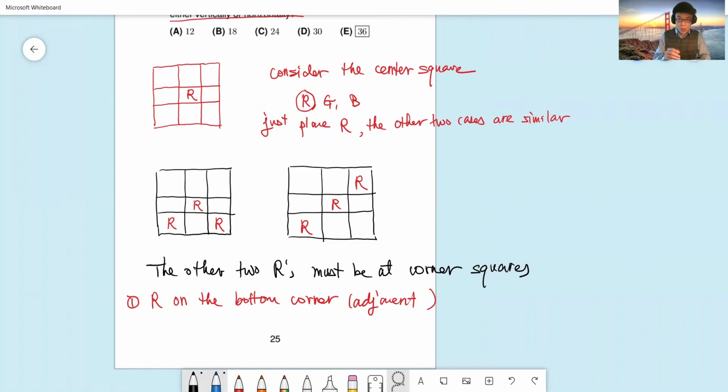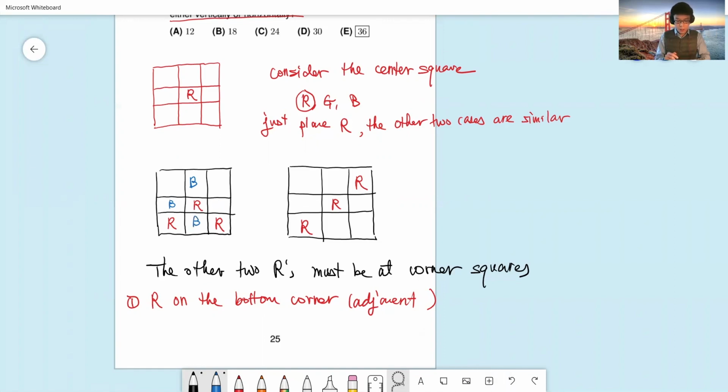Suppose we consider the top middle square. This could be blue or green. Suppose it's blue, and the other two blues cannot be adjacent to this blue, so we can have B this way or B this way.